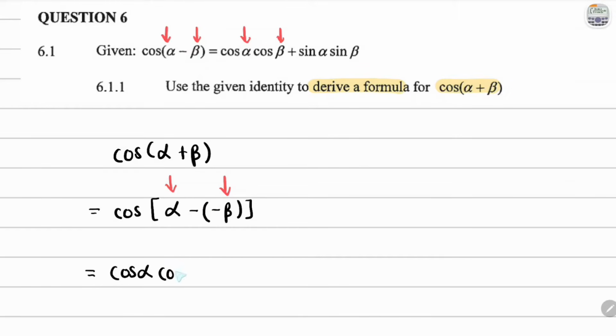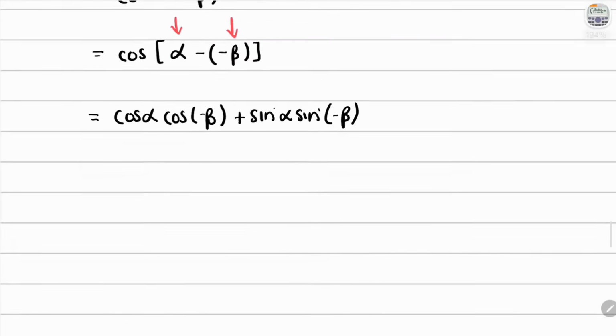So we're saying cos of negative beta. And then because they had a minus in the middle, they changed the sign to a plus. So we'll also change it. And this is sine of the first angle, which is alpha over here. And then sine of the second angle, which is beta for them, but ours is negative beta. So negative beta. And now all we have to do is simplify.